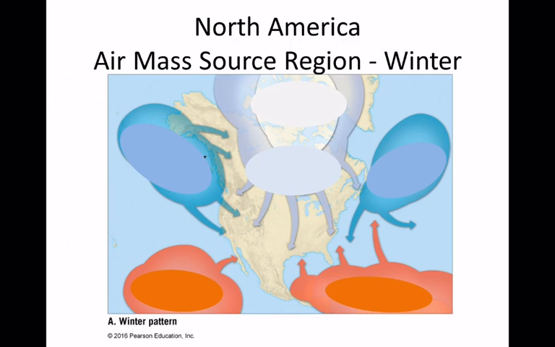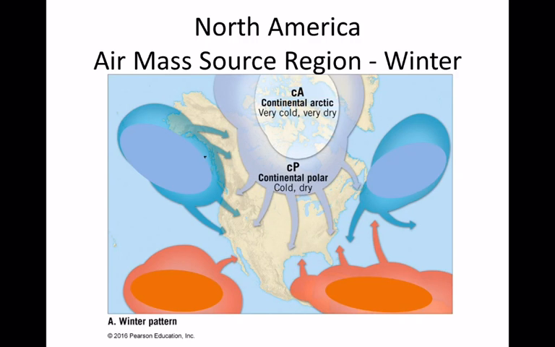So I've got two maps here from your textbook that show the source regions for these five different air masses. This one is in the winter. Let's take a look at those source regions. You see the blobs and the arrows; they sit there for a couple weeks and then move according to the arrows. For instance, continental Arctic, bitterly cold and dry, will be up over Canada and Greenland. That's the source region for those air masses in the winter.